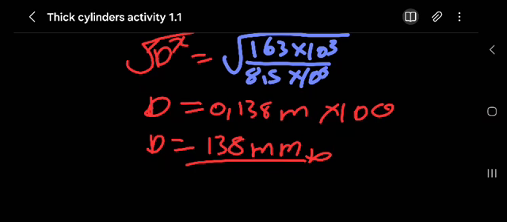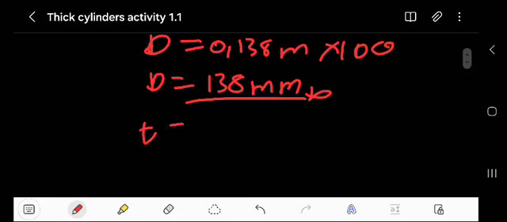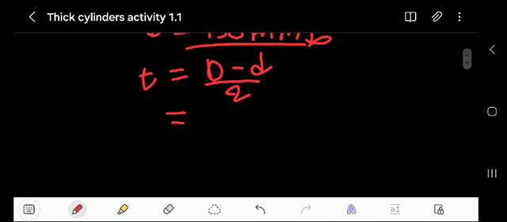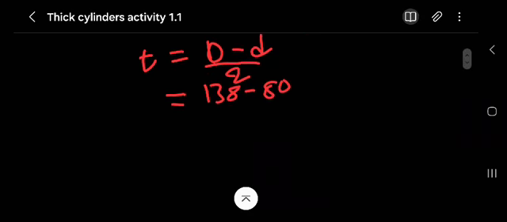Right, so this is our external diameter, but we wanted the thickness. The thickness is D minus d divided by 2. Since all these are in millimeters, I can say 138 minus 80, because the inner diameter is also in millimeters, divided by 2.